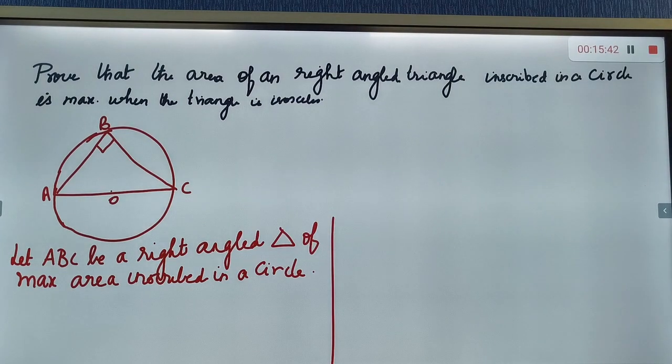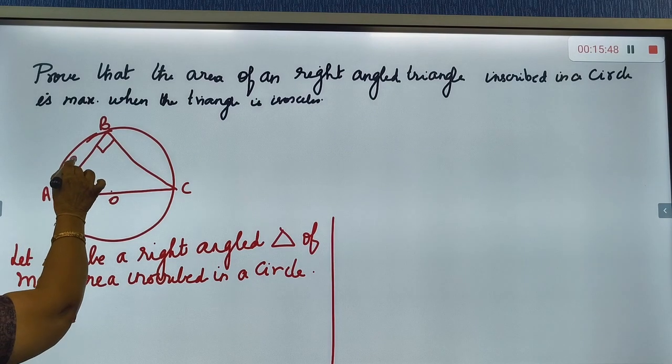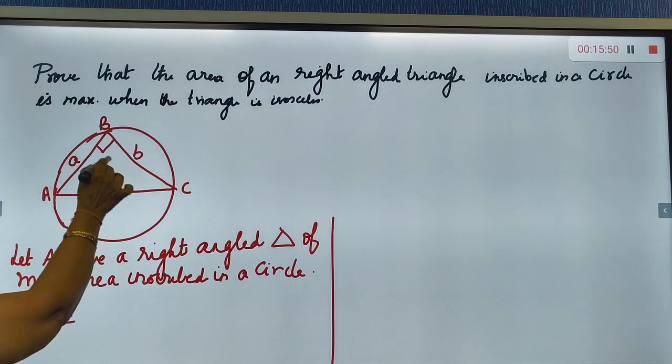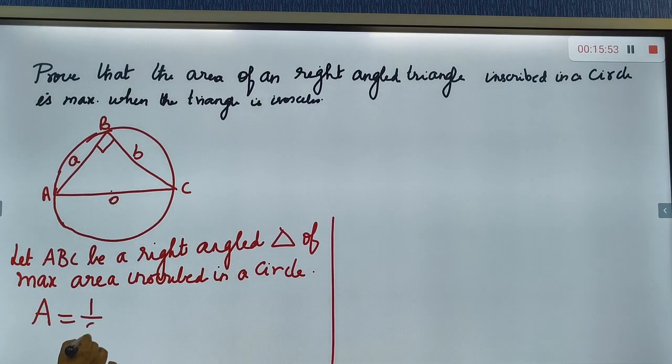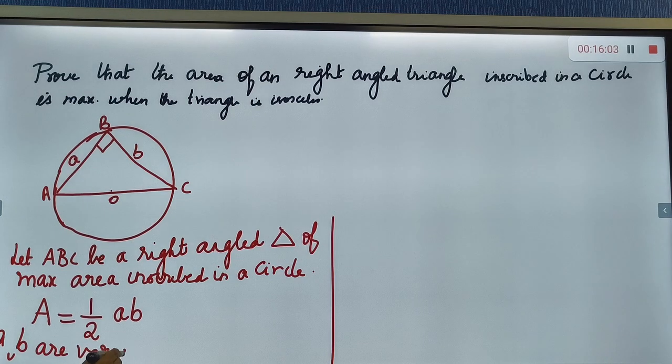So what is it that you have to maximize? The area. Area equal to, let me call this as A and this as B. So right angle triangle, so half A, B. Both A and B are variables because I've already told you, you can draw infinitely many such right angle triangles. So I have to express one in terms of the other.